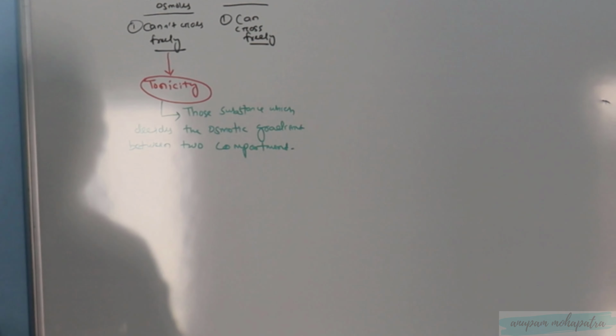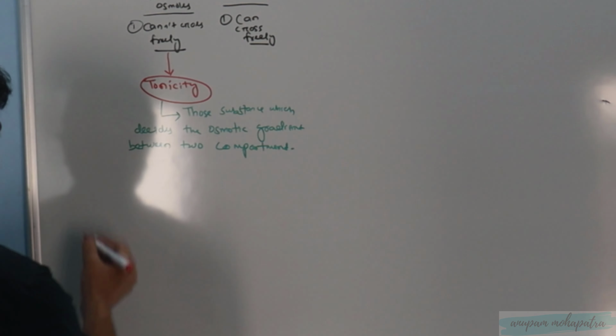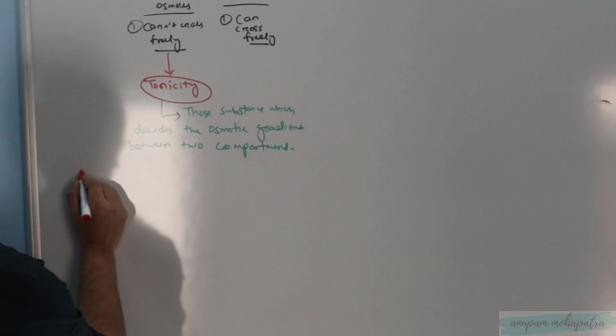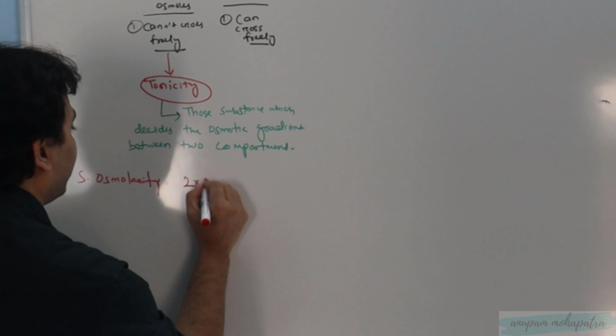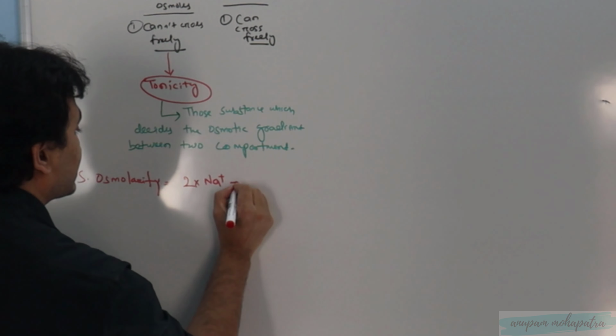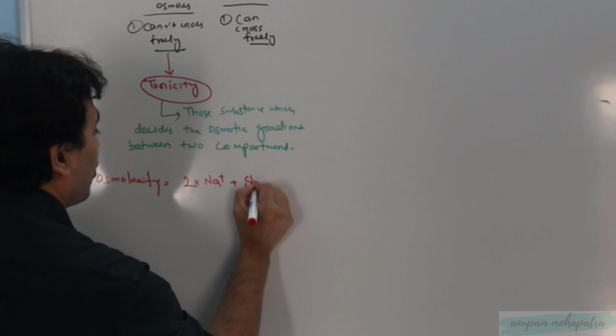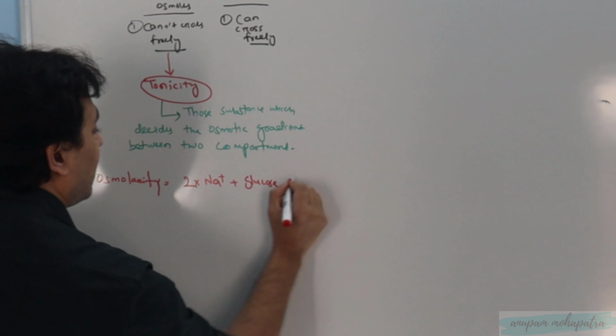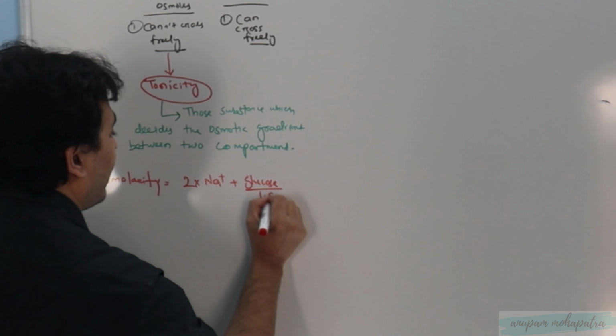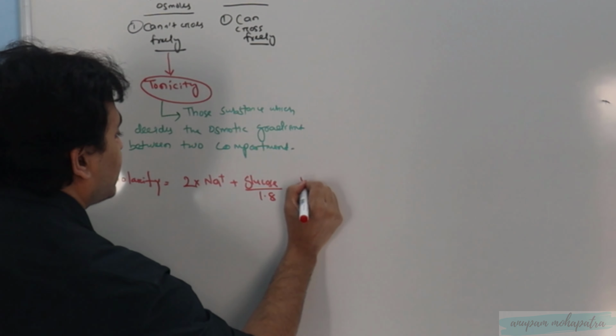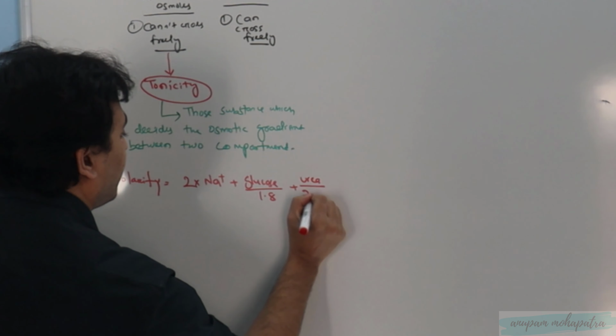Now what is the formula for serum osmolality? It is equal to 2 into sodium, this we have discussed in our last class, plus glucose by 18 plus urea by 2.8.